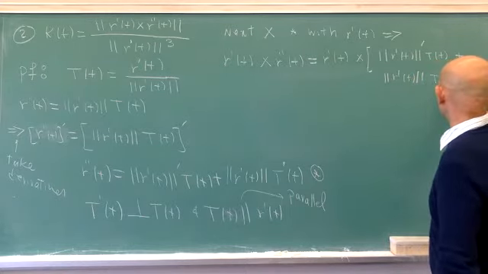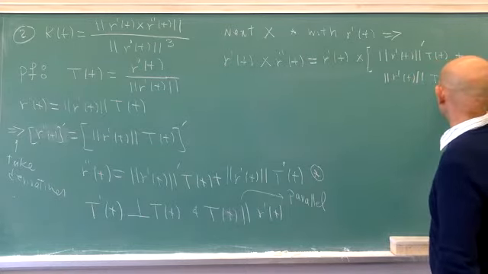No. Oh, that's great. Oh, we're in good shape. Let's take norm of this both sides. Get norm of R prime of t cross R double prime of t is equal to, well, this is 0, it's gone. So norm of this magnitude, well, the magnitude comes out. And then I have to take norm of R prime of t plus T prime of t. So what can I do with this, you think?